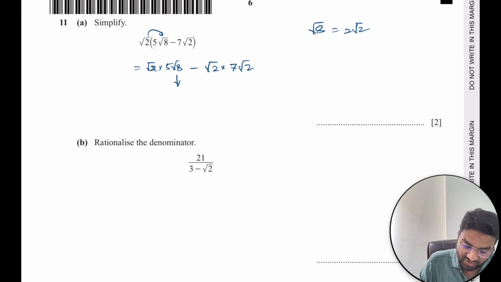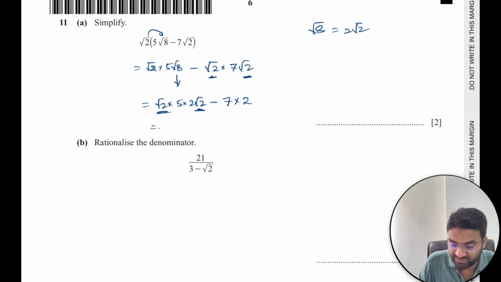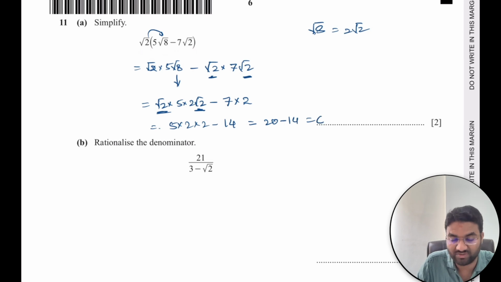So it will be root 2 times 5 times 2 root 2, minus, now this root 2 times root 2 becomes just 2, 7 times 2. And here also we have root 2 times root 2, so it will become 2. So 5 times 2 times 2 minus 7 times 2 is 14, which is 5 times 4 is 20 minus 14, which is equal to 6. That's the answer. This is the simplified form.